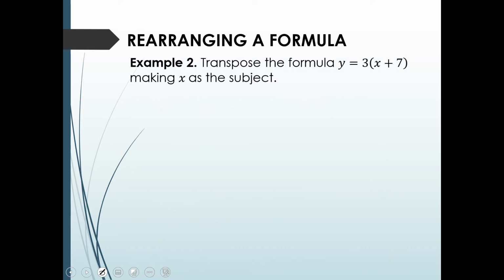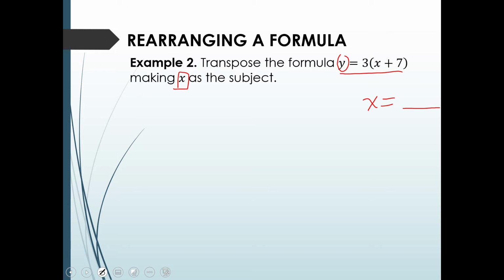Transpose the formula y is equal to 3 times (x plus 7). Here, the subject is y, and we want x to be the new subject. So from this, we want a new formula for x, so x is equal to something.